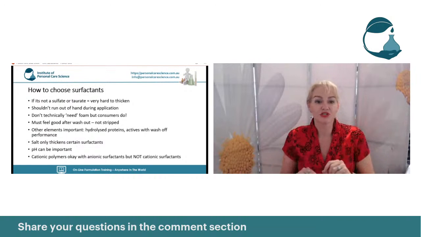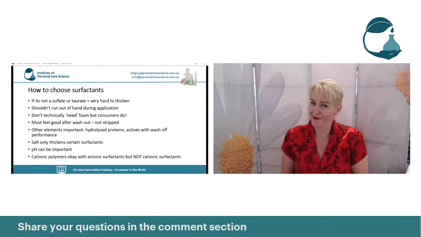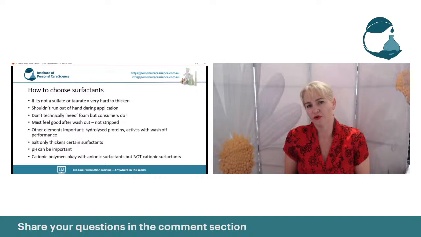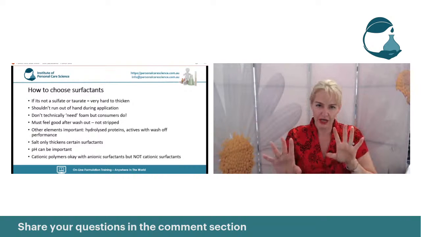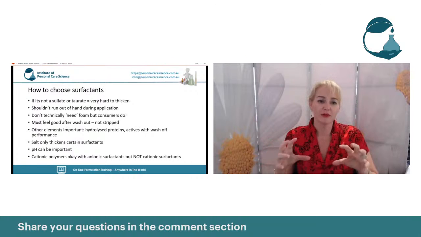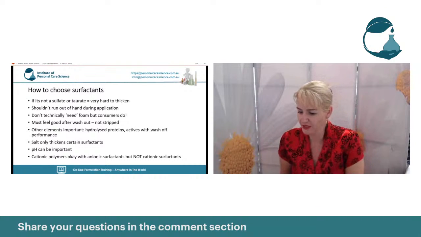And again, please watch my video where I talk about how salt thickens, and that explains why that happens. But yes, too much of a good thing is not a good thing. So again, taurates, I do find them very easy to work with. Have a look at your input ratios of your taurate with your cocamide or propylbutane, for example, because it does thicken pretty easily. But again, cost is a big factor with that one.